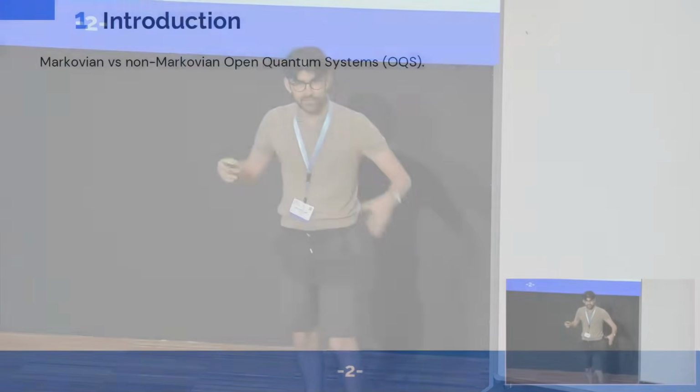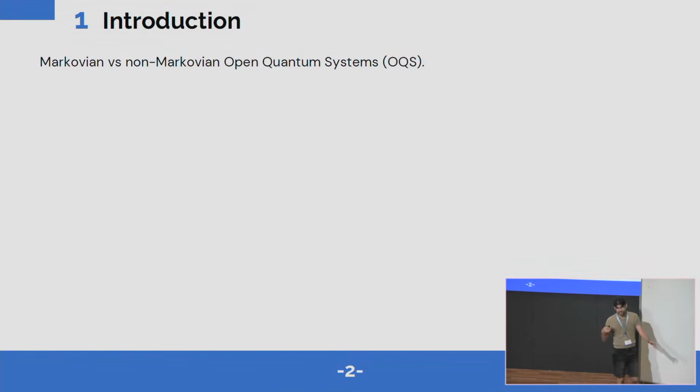My supervisor gave a masterclass on open quantum systems and also on Markovianity and non-Markovianity. Just to sum up, an open quantum system is a quantum mechanical system that interacts with an environment, exchanging energy with it. Depending on the nature of this environment, we can have Markovian or non-Markovian dynamics.